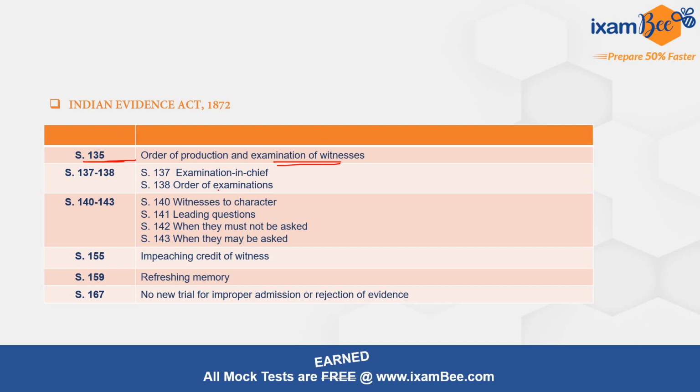Section 137 and 138 important हैं, because यहाँ पे examination in chief and order of examination से related provisions हैं. 140 to 143, that is talking about witnesses to character, leading questions, when they must not be asked, when they must be asked. So again, these are important. Impeaching credit of witnesses, refreshing memory, and lastly section 167, that is no new trial for improper admission or rejection of evidence. So all these are very, very important sections.